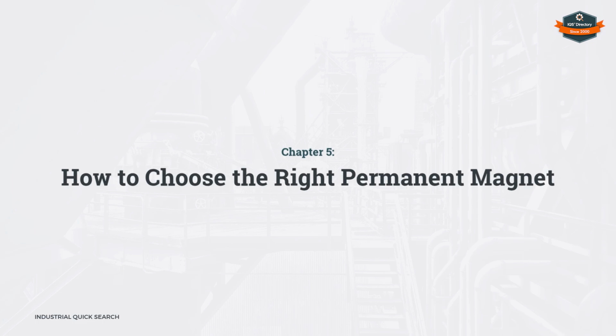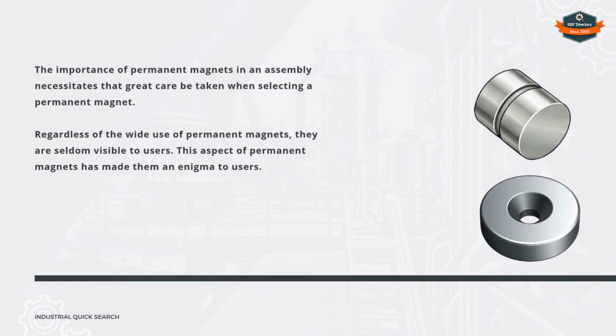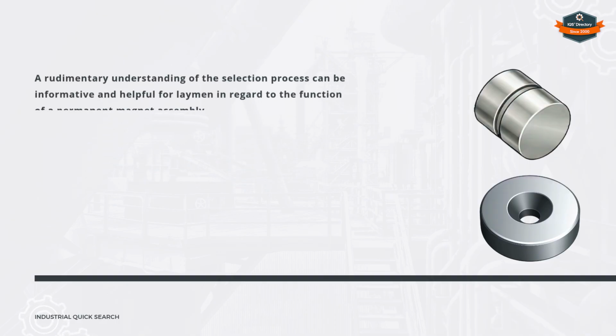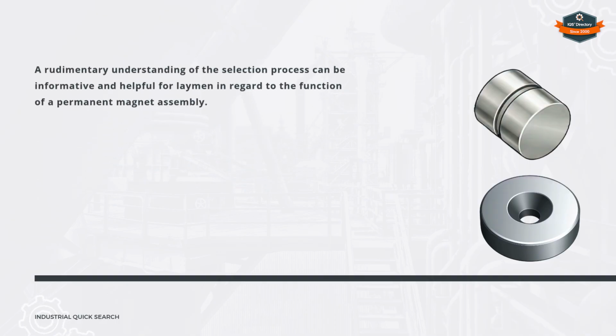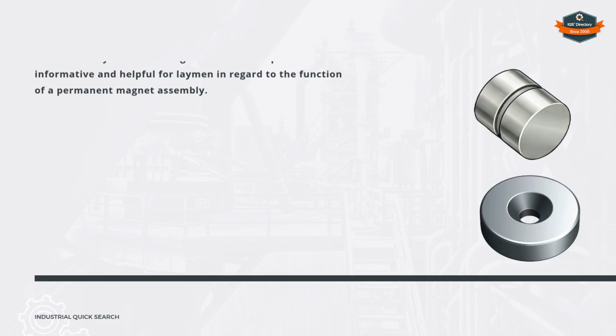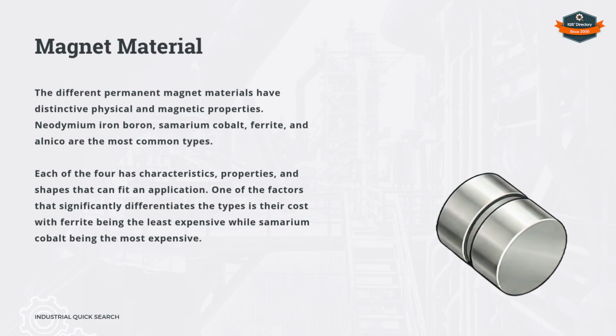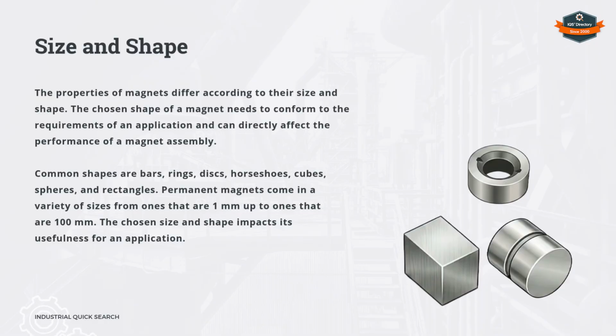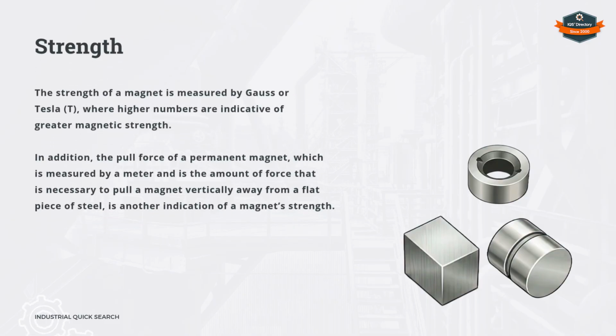Chapter 5. How to choose the right permanent magnet. Magnet material. Size and shape. Strength.